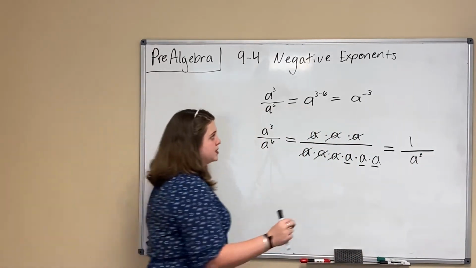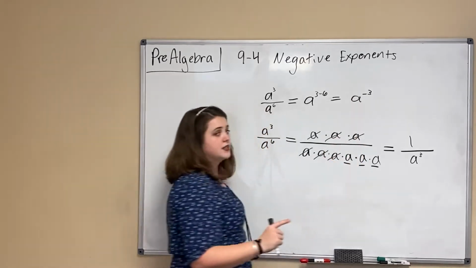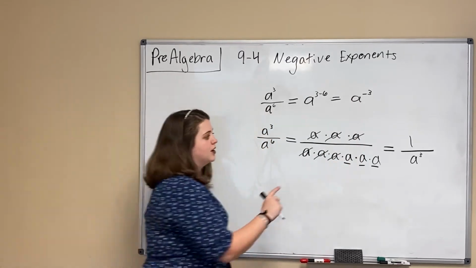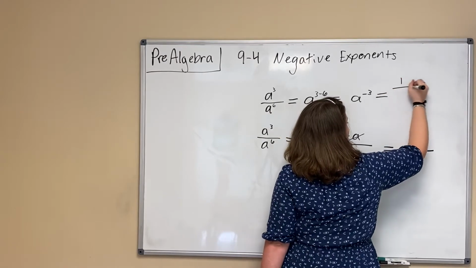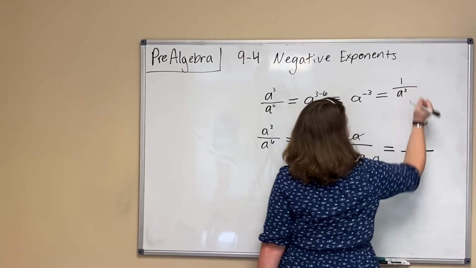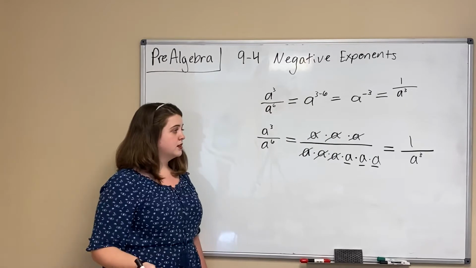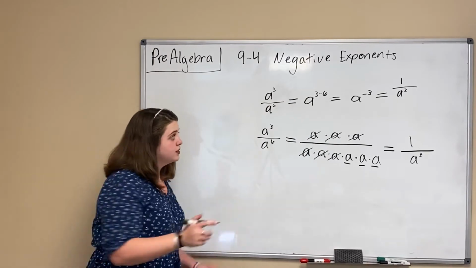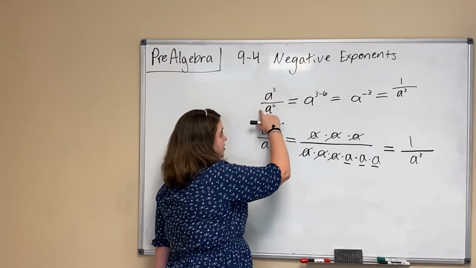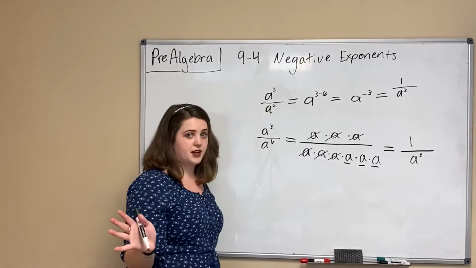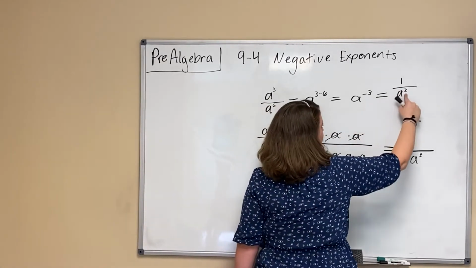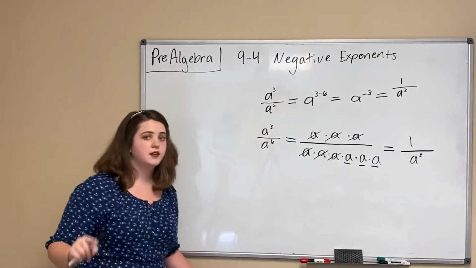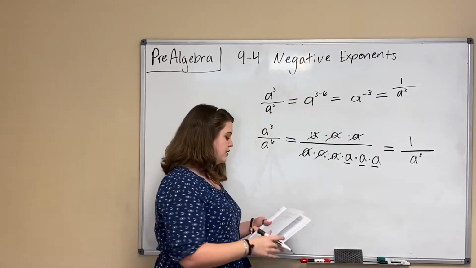So anytime I see a negative exponent, a to the negative 3rd, I know that I can rewrite it as 1 over a to the 3rd. So you can still subtract just like we were yesterday. But when you get a negative number at the end, you can rewrite it like this: 1 over a to the 3rd.